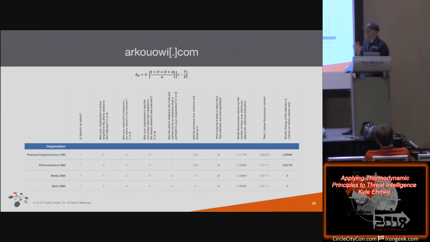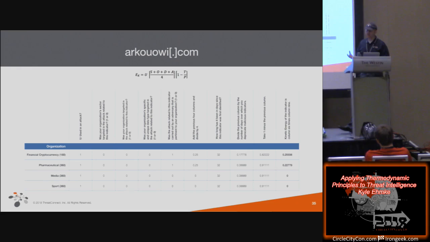And remember that these values are going to be different based off of what sector we're in, what data types we secure, who our adversaries are, and our deprecation. So for the purposes of this demo, we're saying that the financial cryptocurrency organization deprecates malicious indicators after 180 days, whereas the 3 others deprecate them after 360 days.